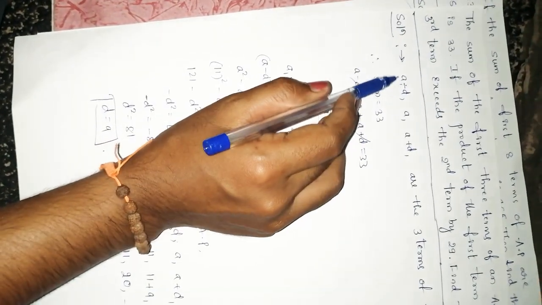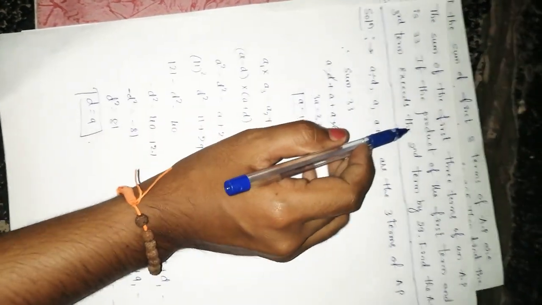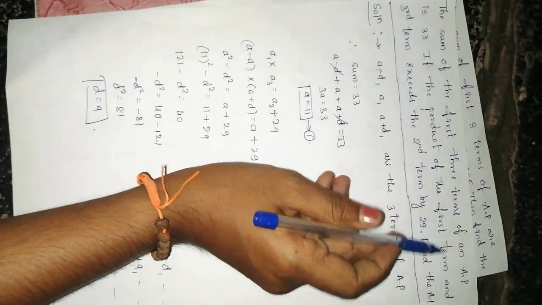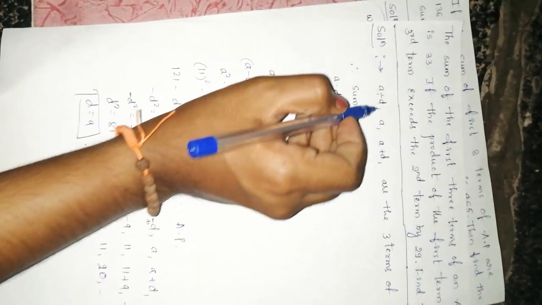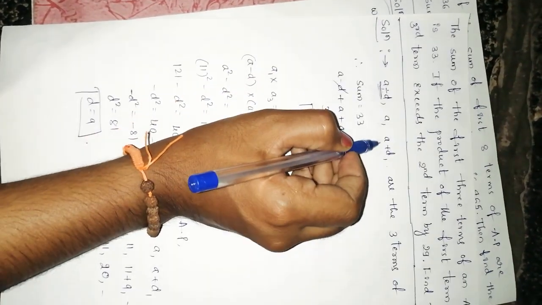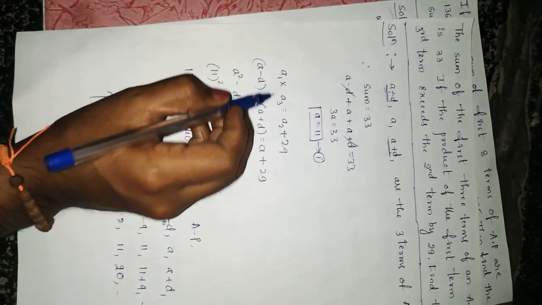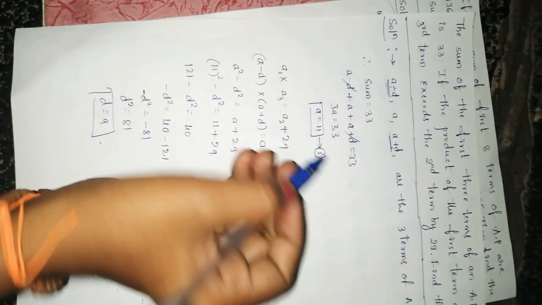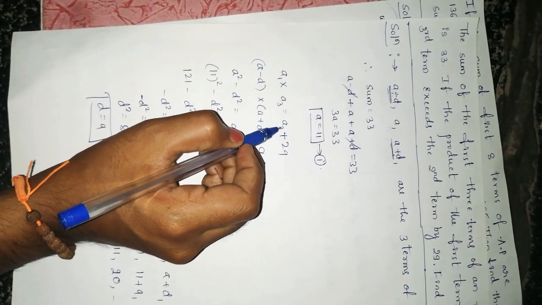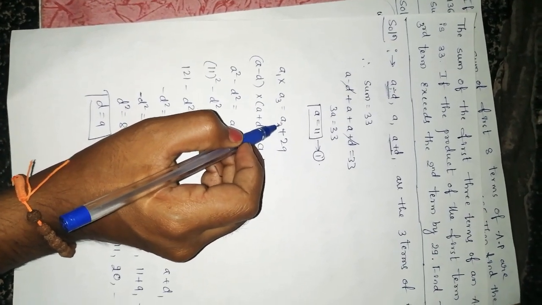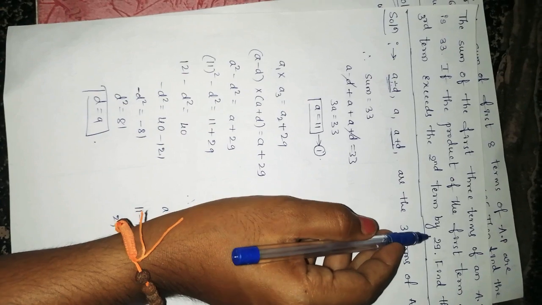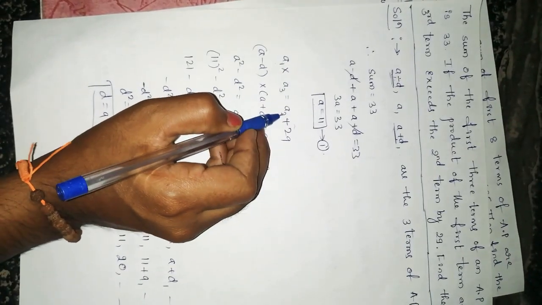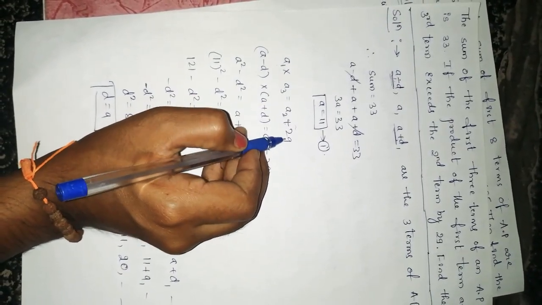Again, in these three terms, they have given the product of the first term and third term. Here the first term is a − d and the third term is a + d. That is, the product of first term and third term exceeds, that is increases, the second term. By how much does it exceed the second term? It is by 29. Therefore it exceeds the second term a2 by 29.